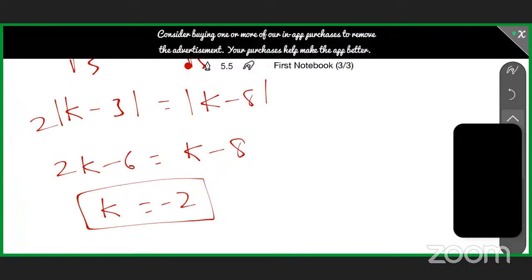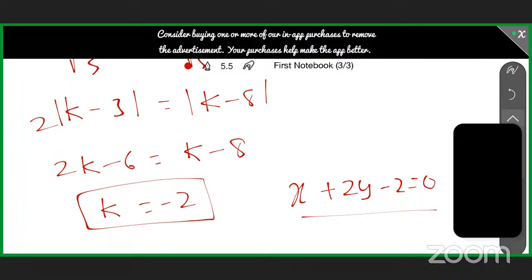So what happens to my line equation? My line equation will become x plus 2y minus 2 equal to 0. This is my required line equation.